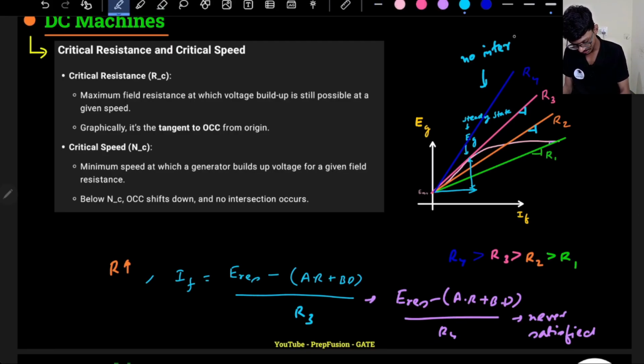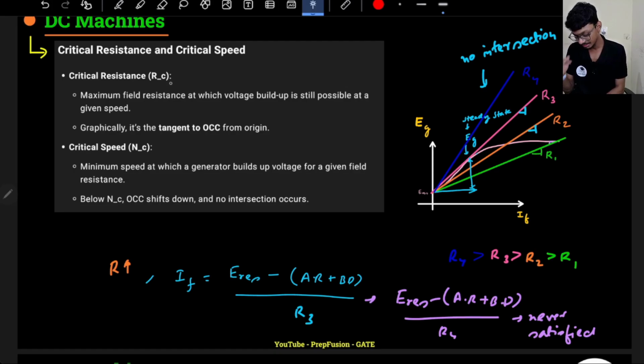So if the shunt resistance is more than the critical resistance, there will not be enough flux to accumulate the voltage, so voltage buildup will fail. The limiting value is known as the critical resistance, that is the tangent to the open circuit characteristics.